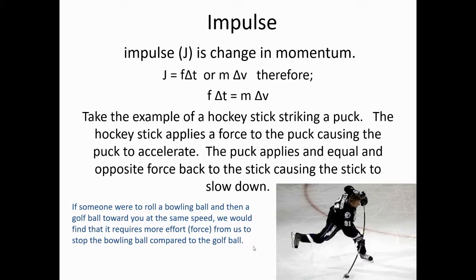However, if I took that golf ball and hit it with my golf club at you, that amount of force might be equivalent to how much force you need to stop the bowling ball coming at you. So instead of a small velocity with a large mass, if you have a small mass, you could increase the velocity, and it would still be the same amount of force felt.